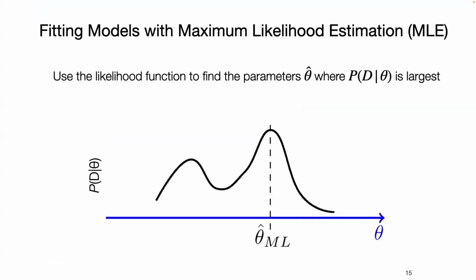So this describes what's known as maybe the simplest and most common method of model estimation, which is known as maximum likelihood estimation, or MLE. So recall our likelihood function here. We're using this likelihood function to find the parameters theta hat where the likelihood is the largest.